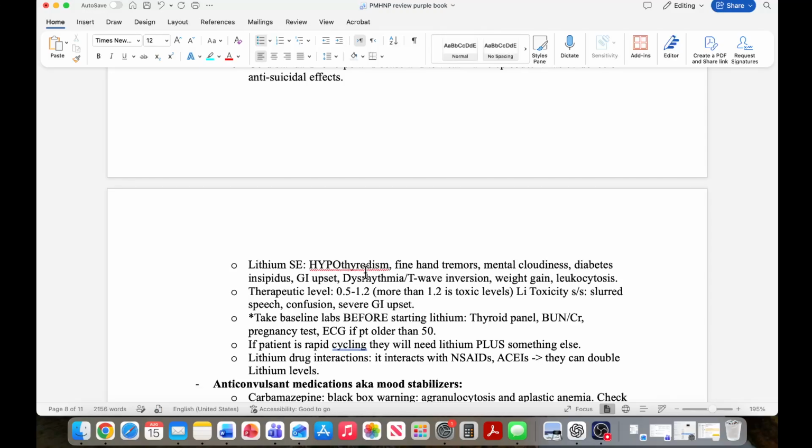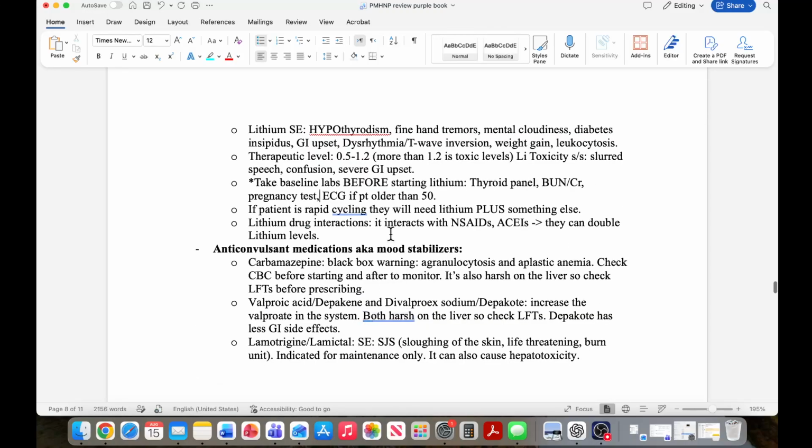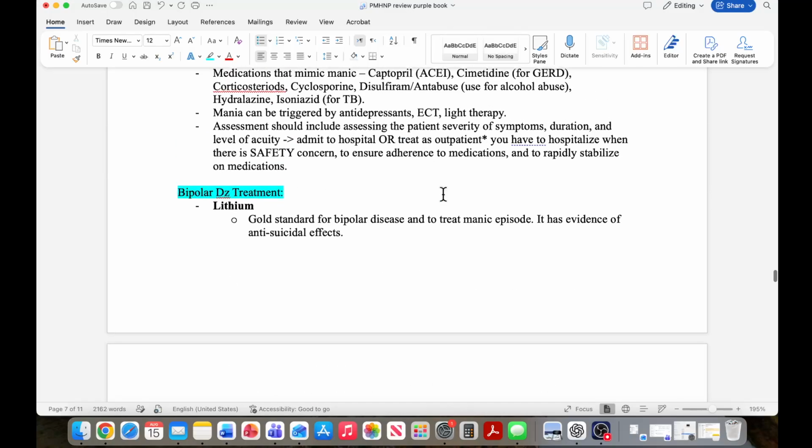All right, that's it. And we're not giving this to pregnant women. Avoid pregnancy, especially in the first trimester. I'm just going to put a no for pregnancy.